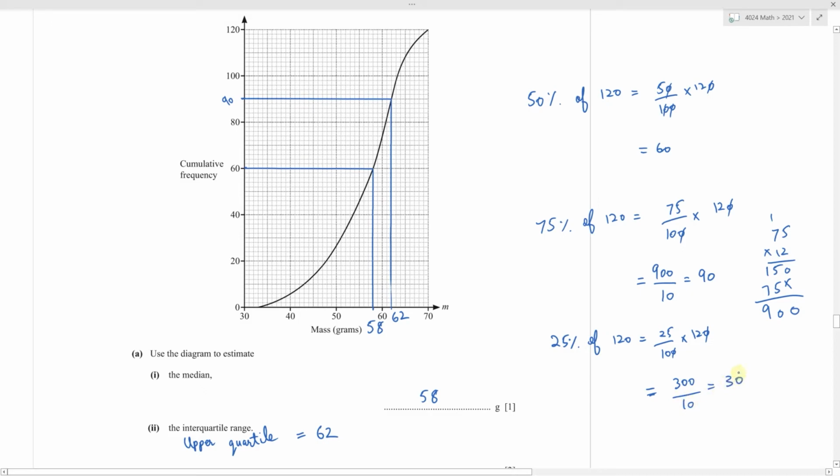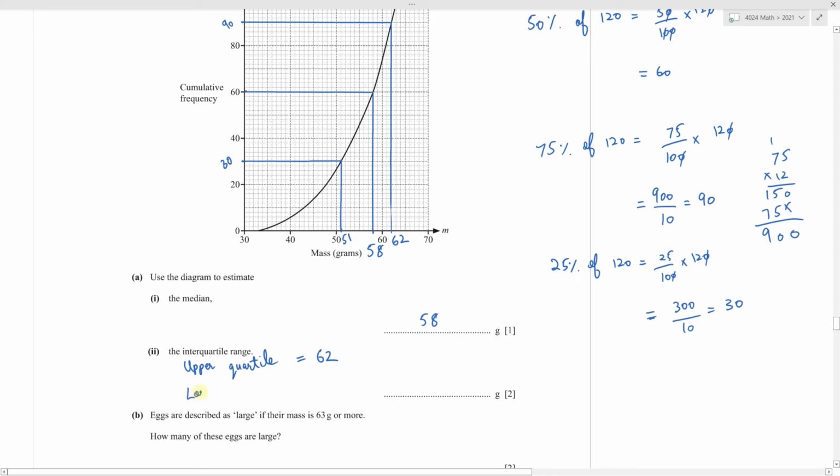So this is 30. So now you have to find the mass when your cumulative frequency is 30. So 30 would be this point. Let's draw a straight line again and then read the value of mass. So this here is 51.